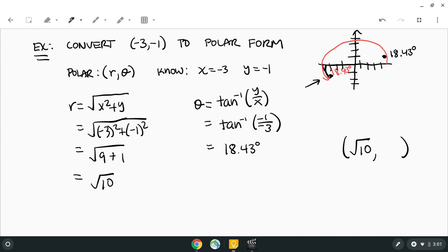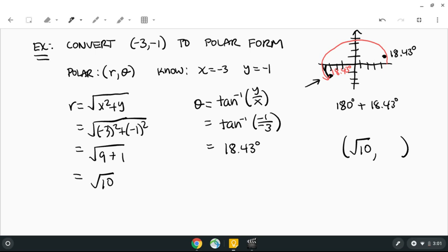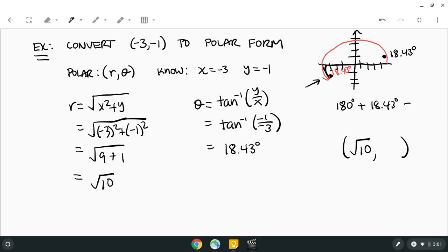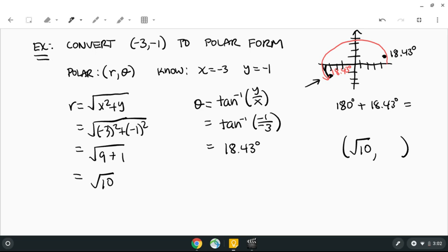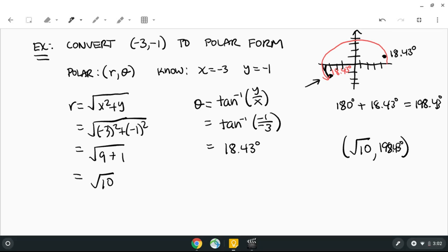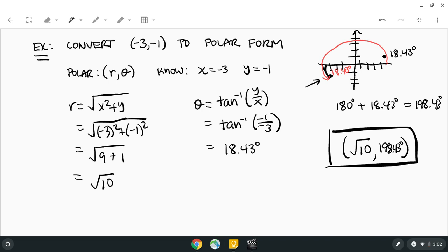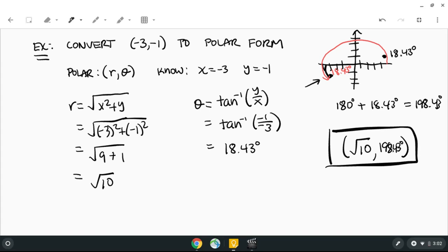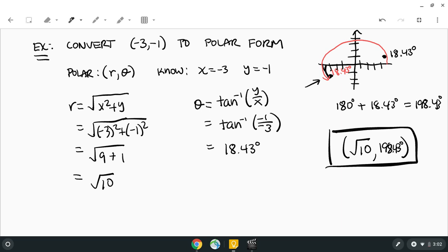That's why it's important to always know your location. So your actual angle is going to be 180 degrees plus 18.43, which is 198.43 degrees, which makes more sense. So this here is the polar form of the point. You started off with x, y, and this here is now our theta.